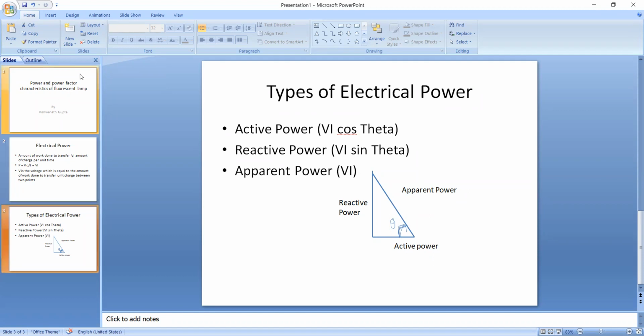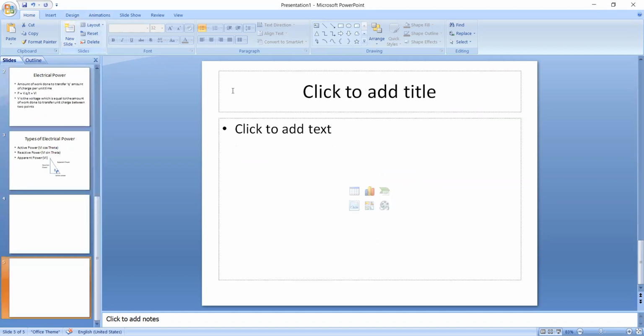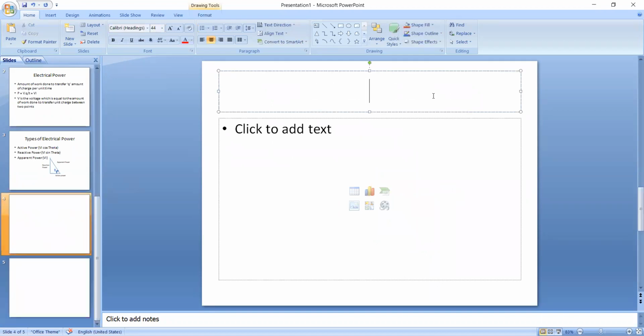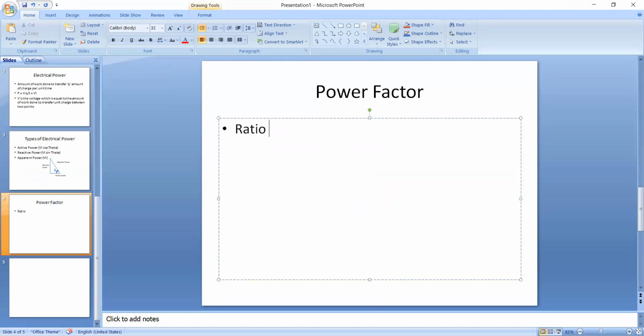So we have another new term: power factor. What is power factor? It is the ratio of active power and apparent power.